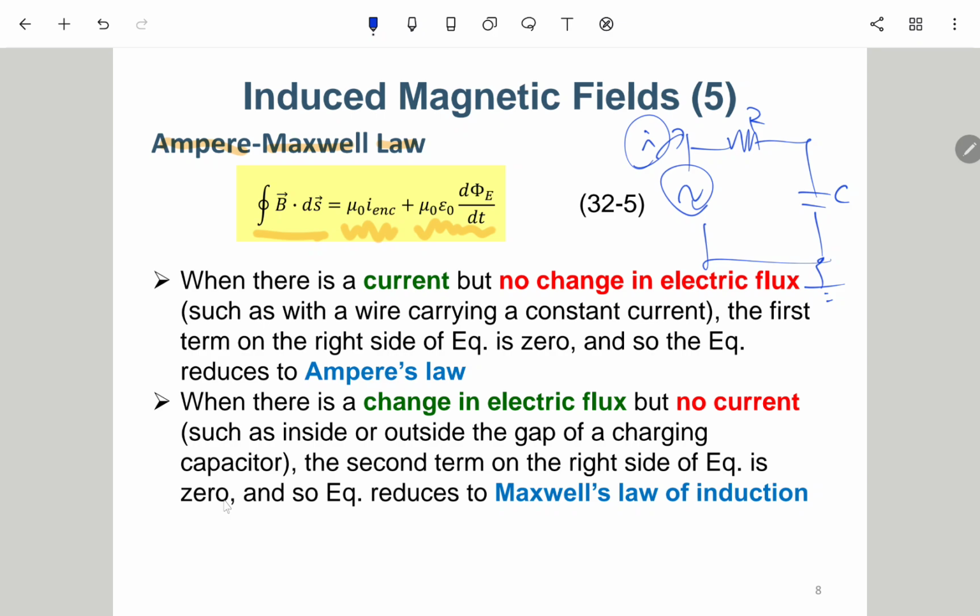So I think there is a current but no change in electric flux, so I think this should be second. This should be second, this should be first.